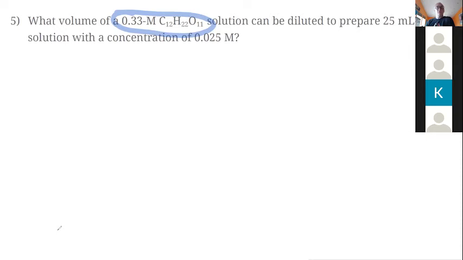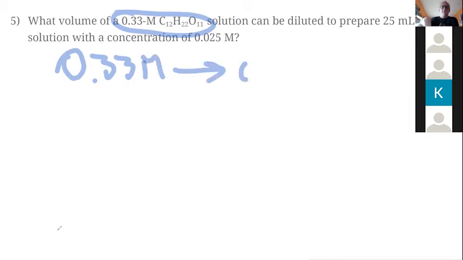That's sucrose sugar. So we have a sweet solution, and we need to dilute it to a lower concentration. We need to go from a concentration of 0.33 molar to 0.025 molar. So what do we do? Anyone know what formula we use to figure this out?